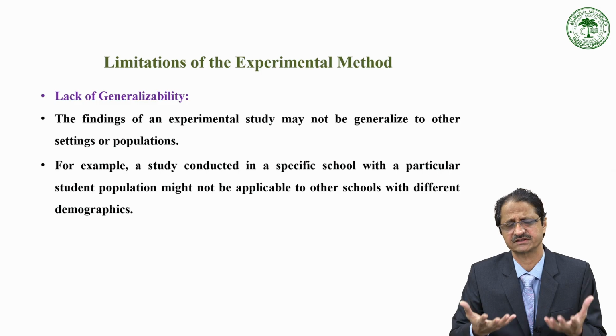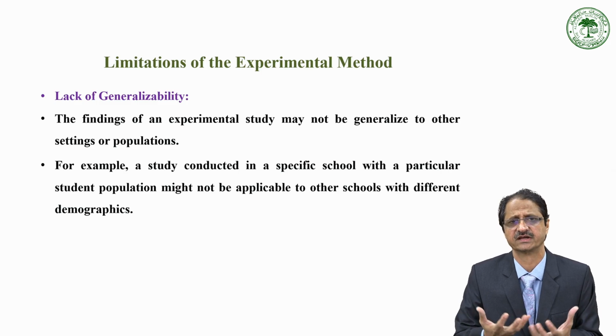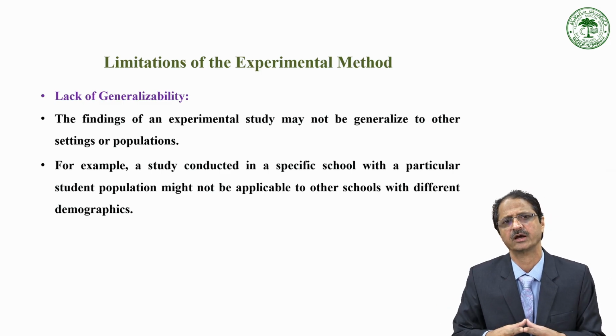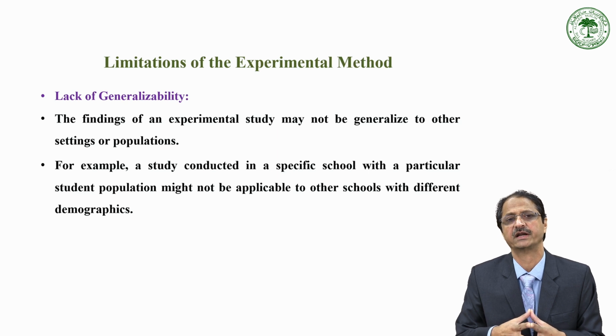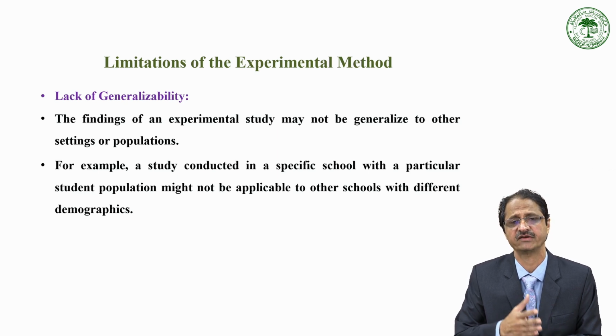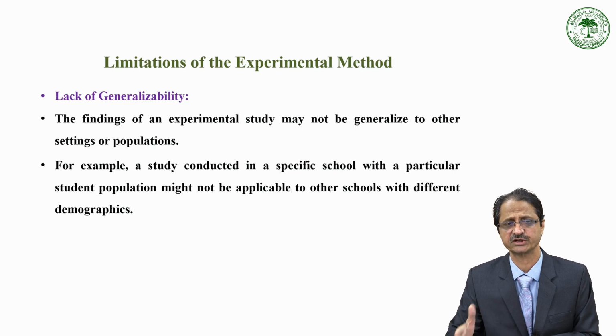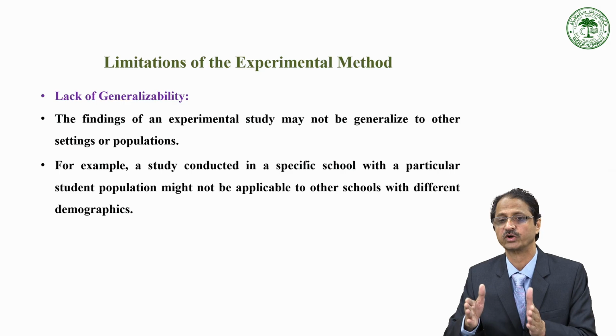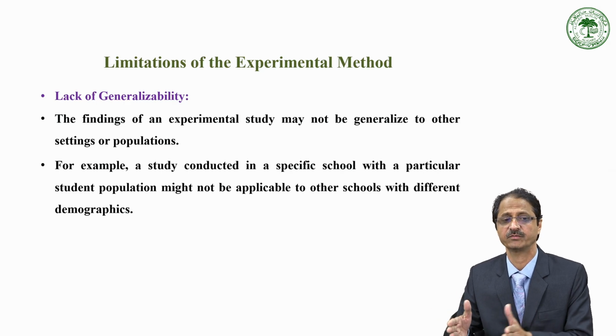As I said several times in my discussion, in dealing with human beings, there is always an element of subjectivity, because human beings are given by God a very important attribute, that is intelligence, and we use intelligence for manipulation purposes. For example, a study conducted in a specific school with a particular student population might not be applicable to other schools with different demographics.